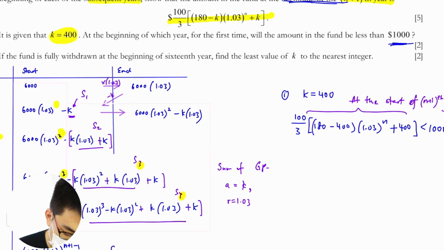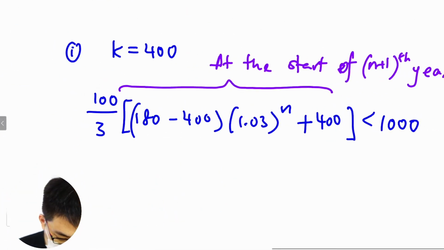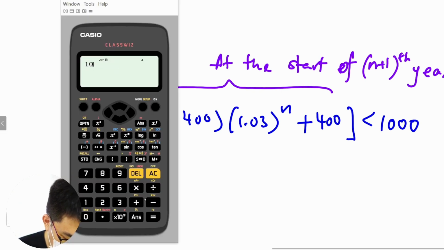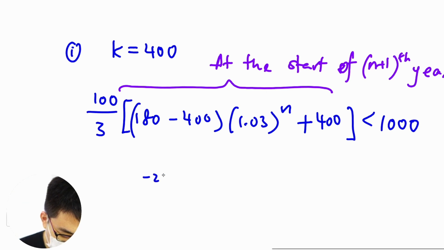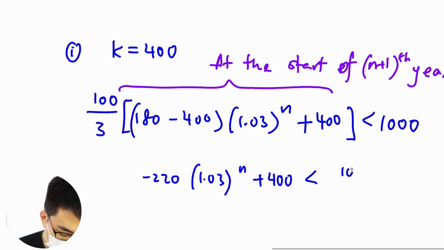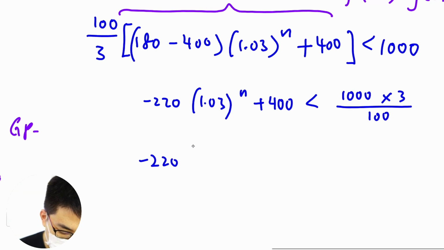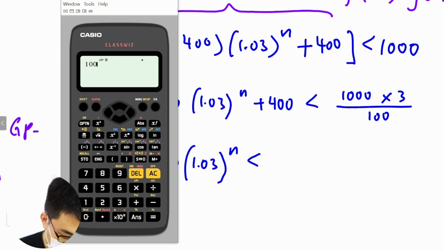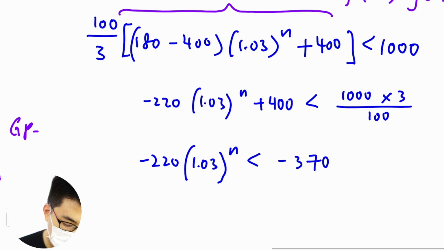I'm just going to bring the 3 over 100 over, so this is 400 and 1,000 times 3 over 100. Then this is 1,000 times 0.03, which is 30, minus 100, so negative 370.